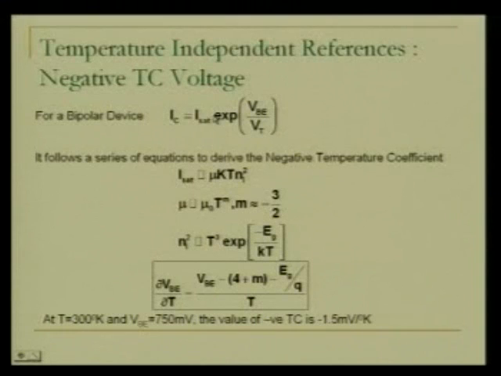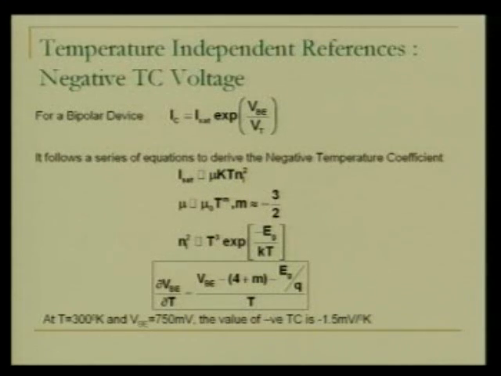I have shown all the parameters, like the saturation current, the ni, mu, all these components expressed in terms of temperature. These are some standard expressions of mobility and intrinsic concentrations. All those terms are represented in terms of temperature, so with a change in temperature, this current itself changes.